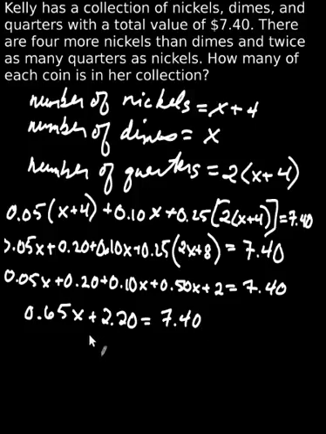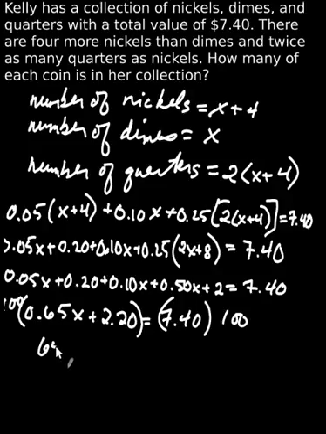Okay, at this stage, it's easy enough to subtract decimals, but at some stage I usually like to clear decimals. So I want this decimal to move 2 places to the right, and the same thing with this one and this one as well. So I'm going to multiply both sides by 100. That'll cause the decimal to move 2 places to the right. 100 times 0.65x is 65x plus, 100 times 2.20 is 220.